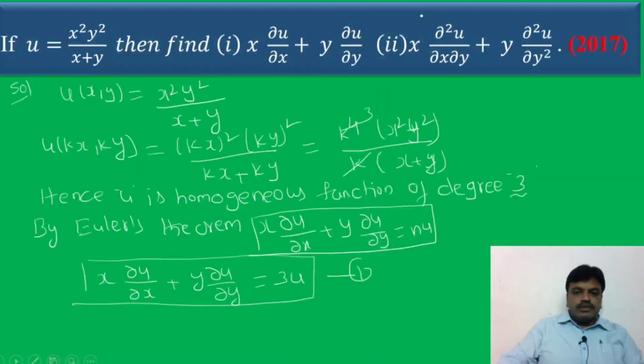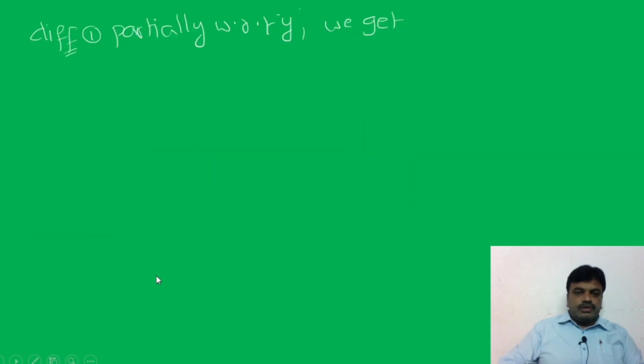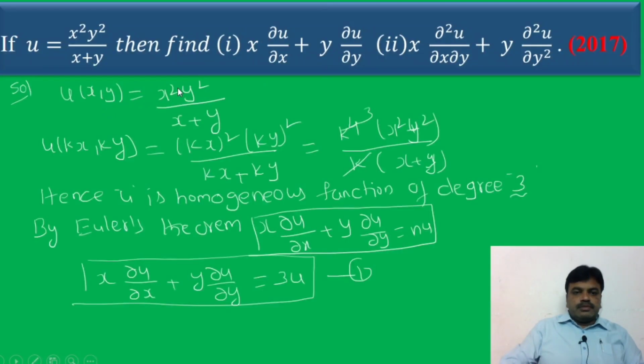tell me, friends, here x is constant, friends, we know. Okay, we get here ∂²u/∂x∂y. So, x is constant here, friends. So, x ∂²u/∂x∂y plus, see, friends, here y ∂u/∂y.